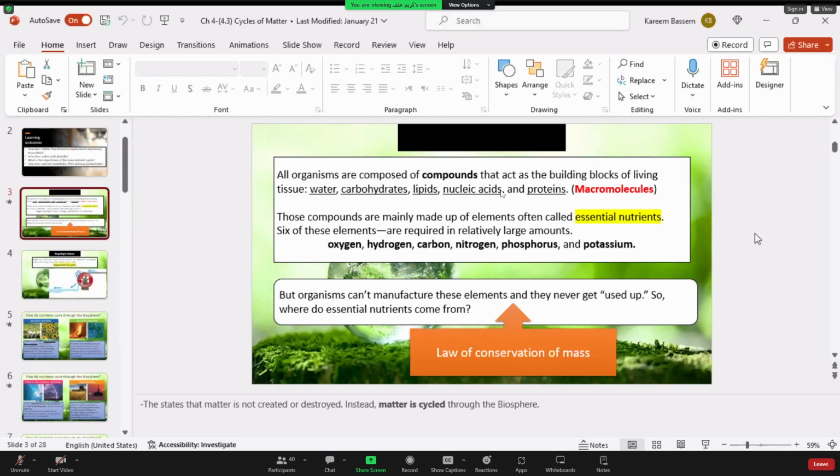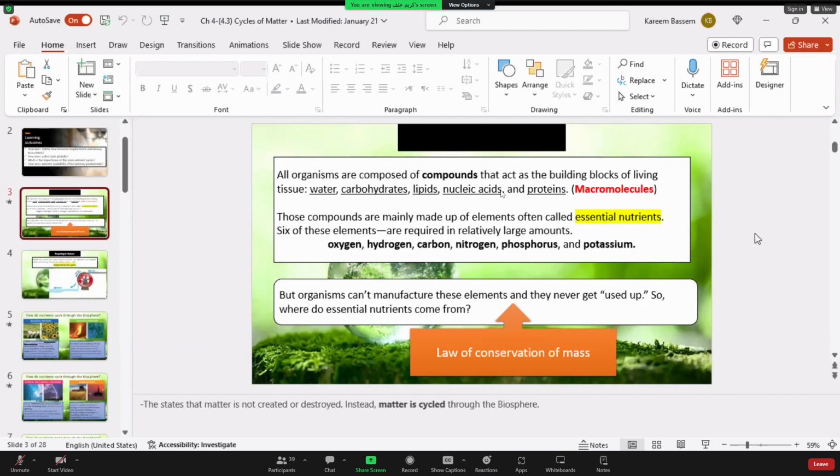So we are having cycling of matter. We said matter, the mass, cannot be created nor destroyed, but instead it is recycled in our ecosystem or environment. This recycling mainly goes for nutrients.